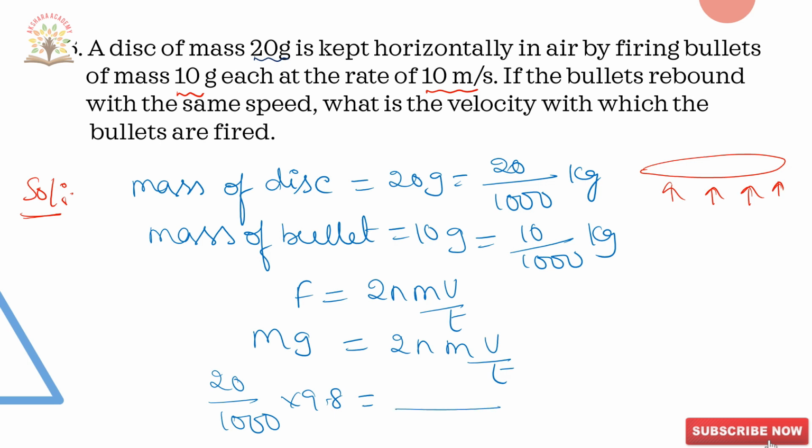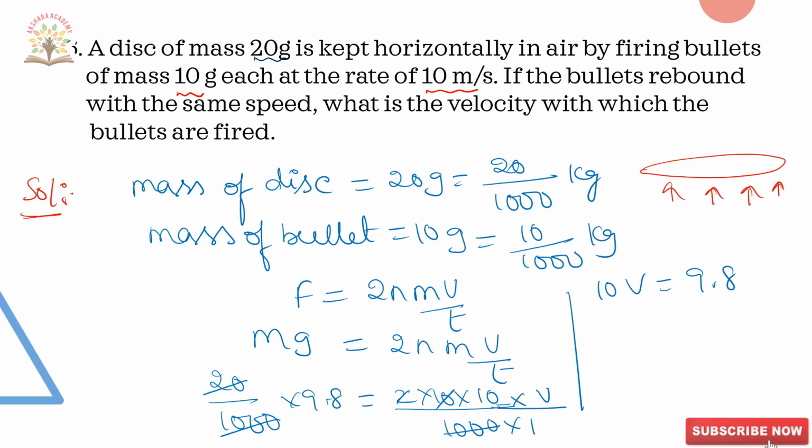So 2 into 10 into the mass of the bullet, 10 by 1000, into v. Here t is 1 second. So 1000 cancels, and 2 into 10, 20, cancels. Here 10v is equal to 9.8. v is equal to 9.8 by 10.